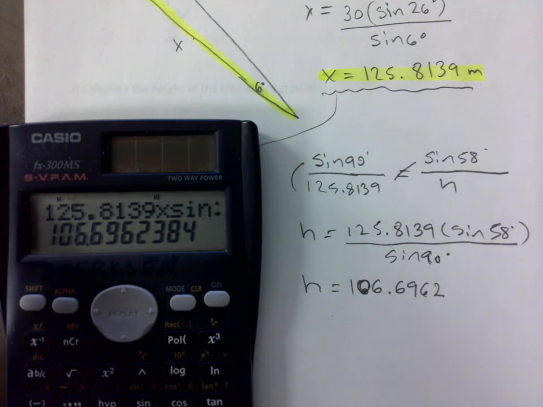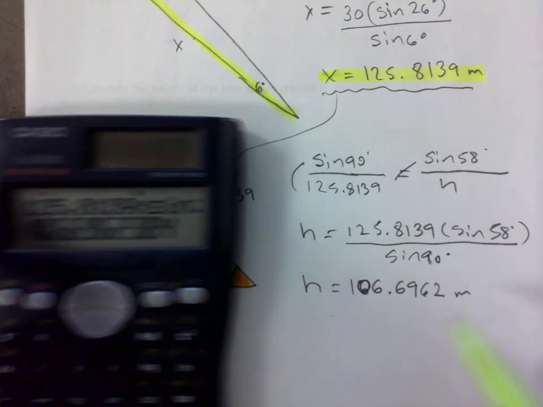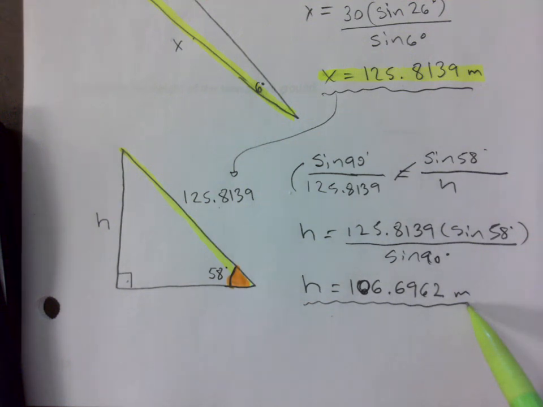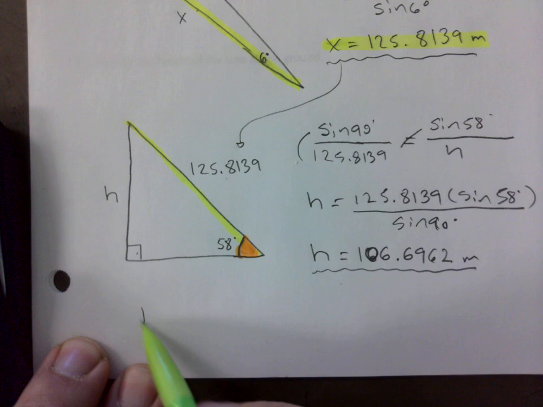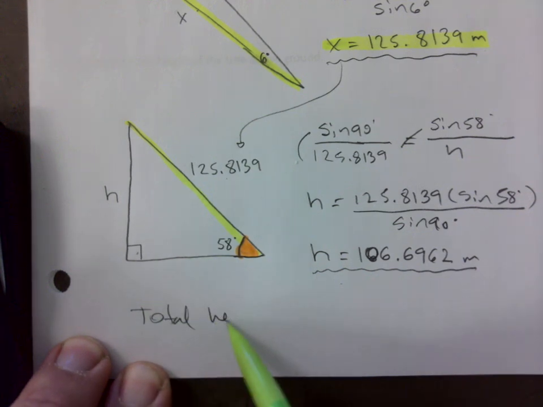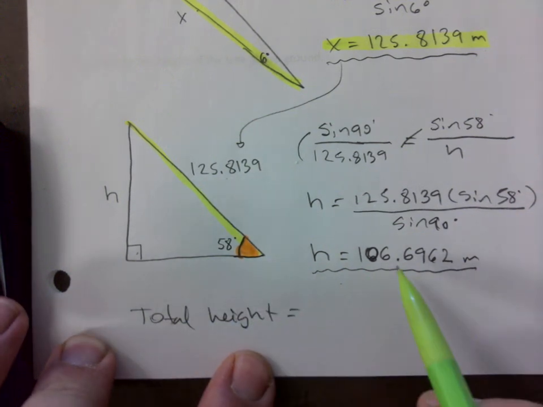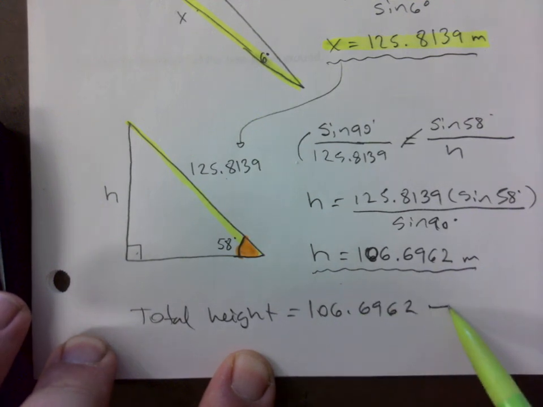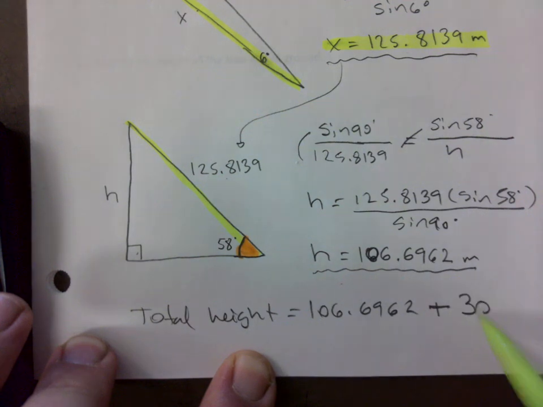Why am I still rounding to 4 decimals? Because I'm not done. What does it ask for? The height of the top of the building to the ground, right? So total height would be this one that I just found plus the building itself.